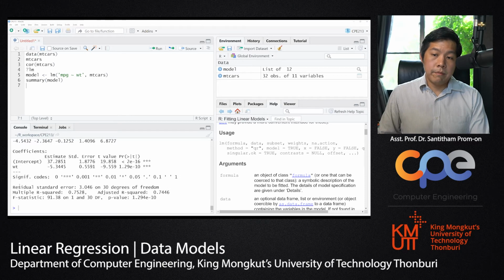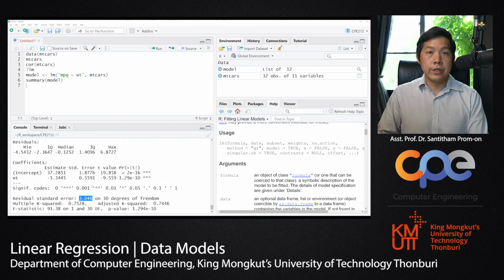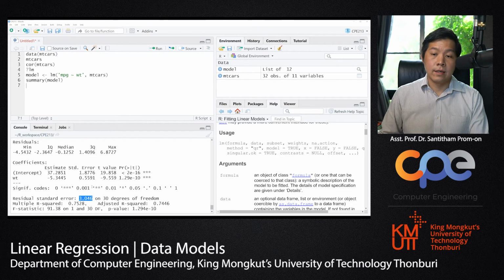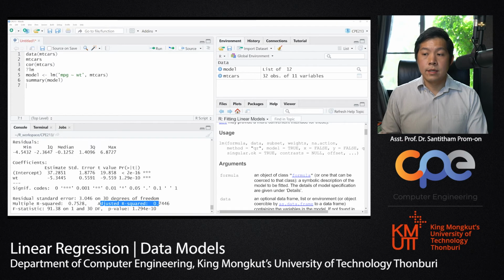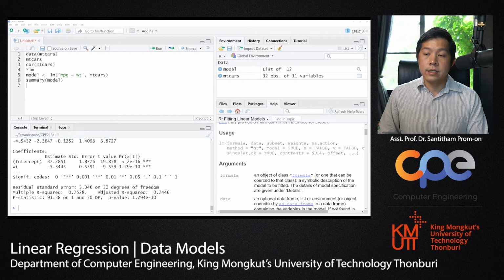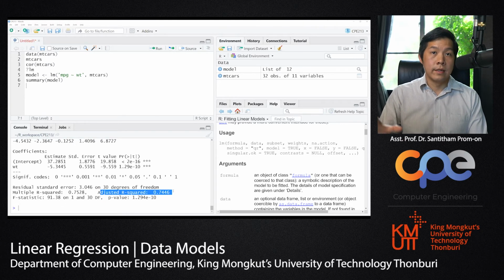And down here, it provides you with the residual standard error, which gives you an assessment of the variation in the data. It also tells you the R-square value, the multiple R-square in the raw sense, and the adjusted R-square, which tones it down a bit by adjusting for the number of parameters. You can take a look at the adjusted R-square later on if you are interested in linear regression.